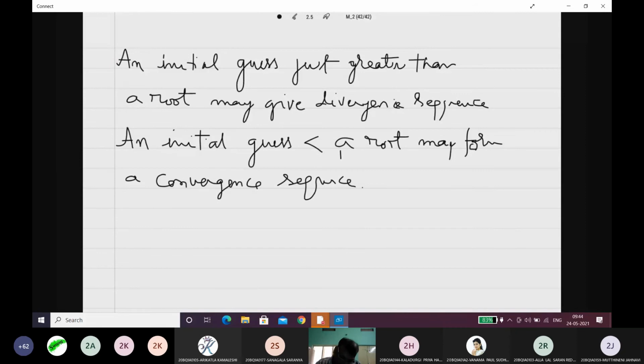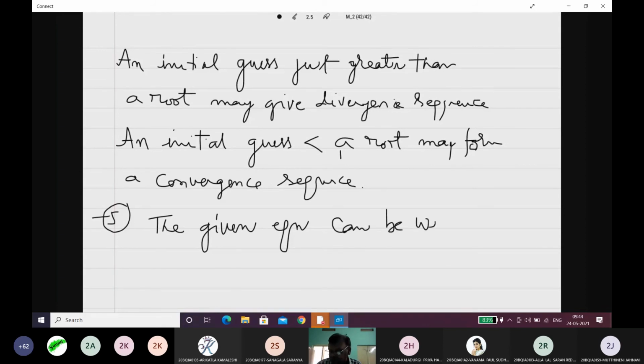Now, one more important point in this one is the given equation can be written in different forms.